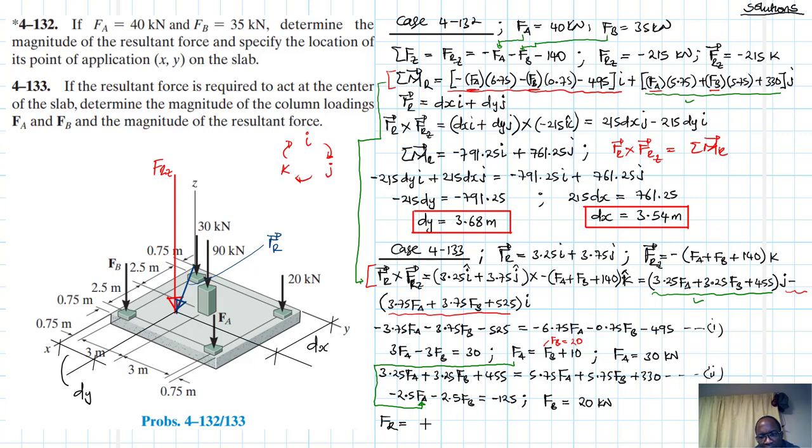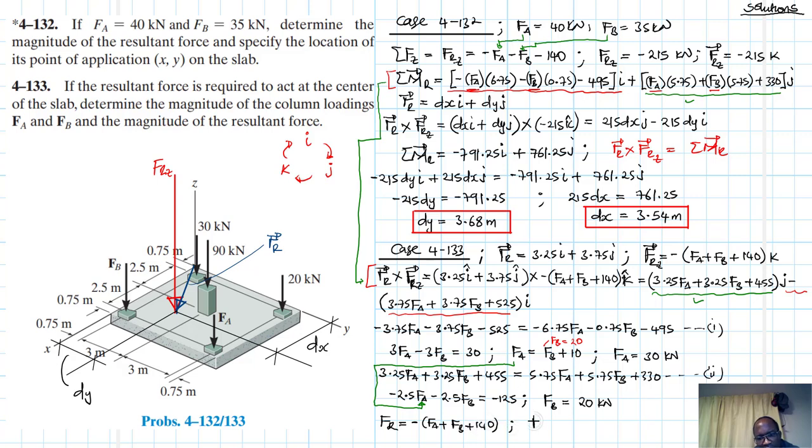The resultant is going to be equal to minus FA plus FB plus 140.